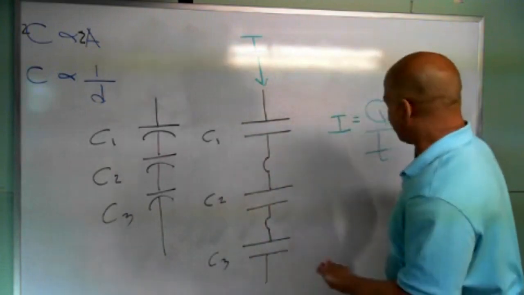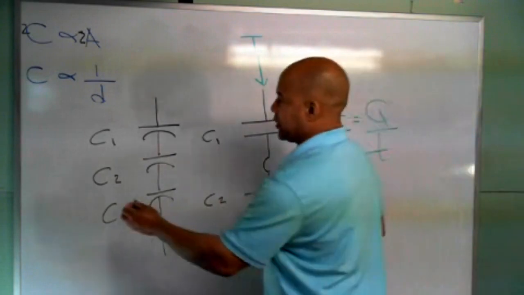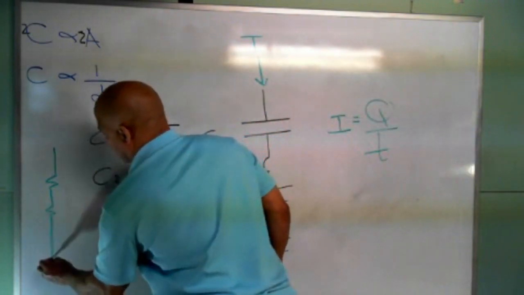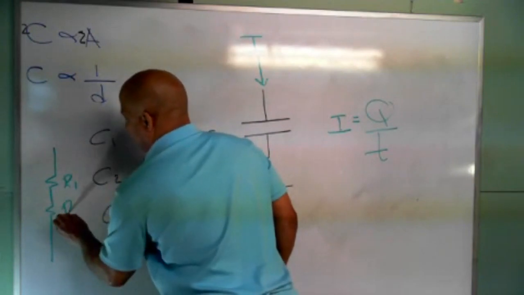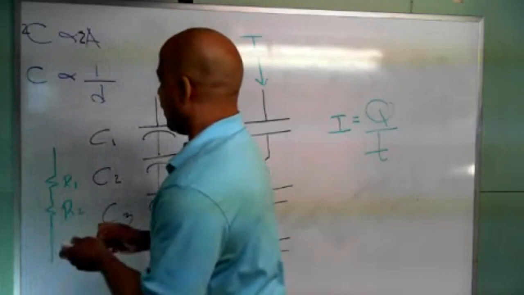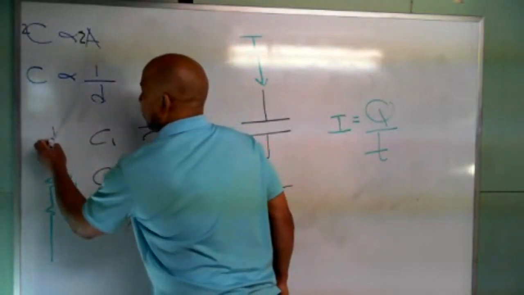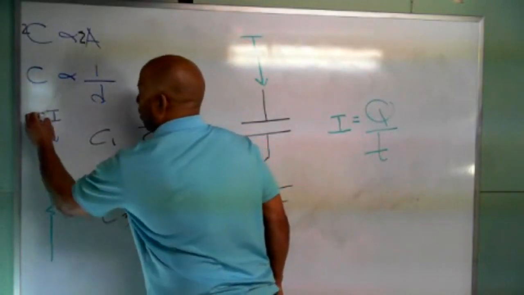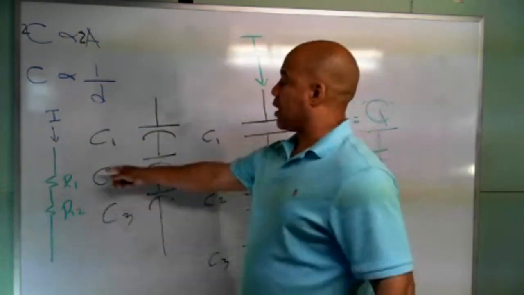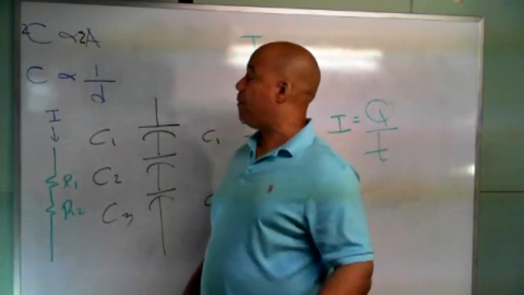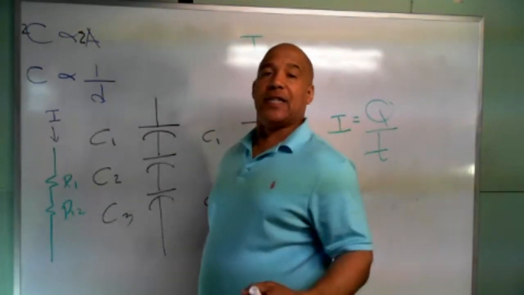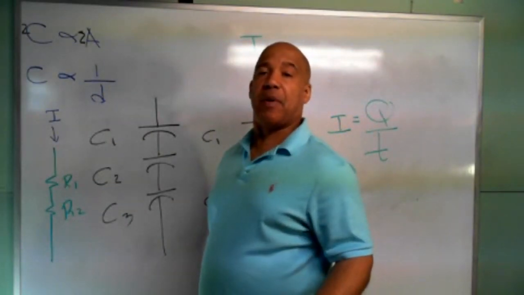If I have resistors in series, R1 and R2, and I tell you the amount of current flowing into that connection, you would know the current everywhere in the circuit, because in a series circuit, current is the same everywhere.